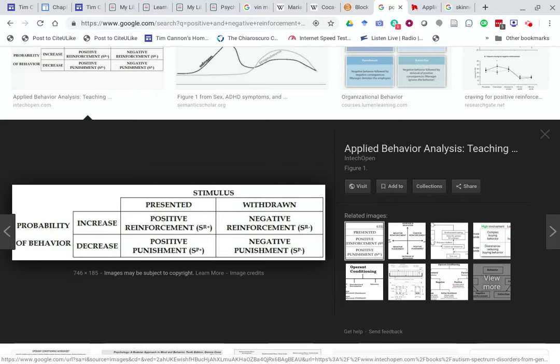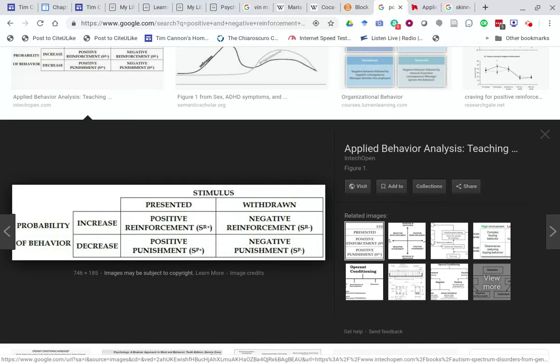Contingent upon behavior, a stimulus is removed from the environment. If the probability behavior then increases, that's negative reinforcement. That's not bad reinforcement. It's reinforcement based on a contingency that when you hit the lever in the Skinner box, the stimulus goes away. Negative reinforcement.